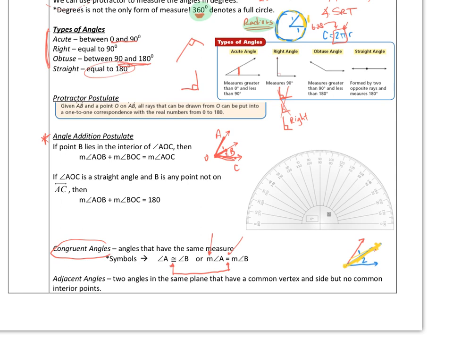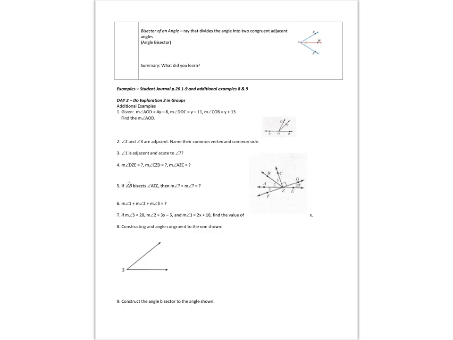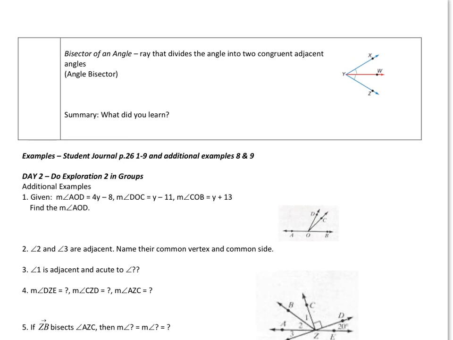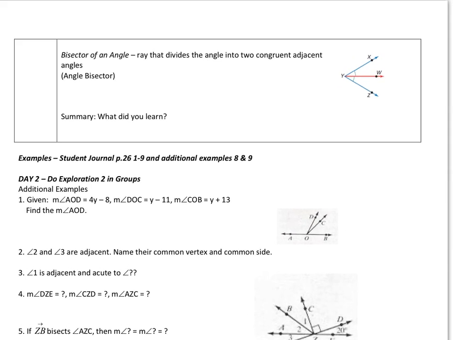All right, let's move on to the next page here, and let's expand this out. Over here we have the bisector of an angle. Whatever angle I make, a bisector will just cut this angle in half, so that angle 1 and angle 2 will have the same measure.